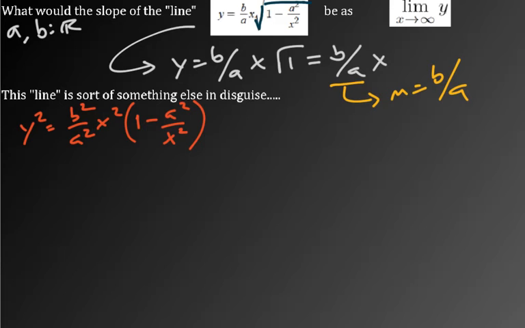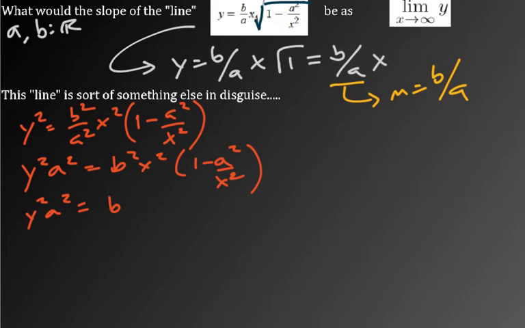So I'm going to multiply by the a squared, I think. And then I will probably go ahead and just distribute into the parentheses. And the x squareds would, of course, cancel in the last multiplication there.